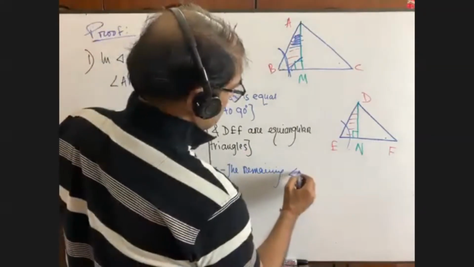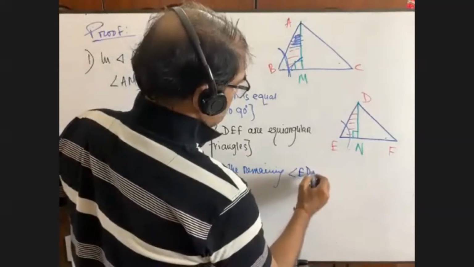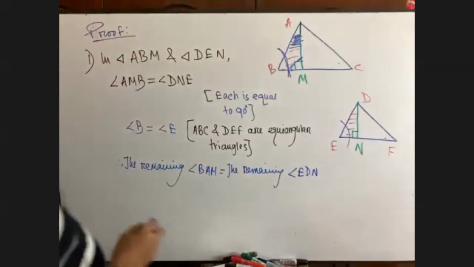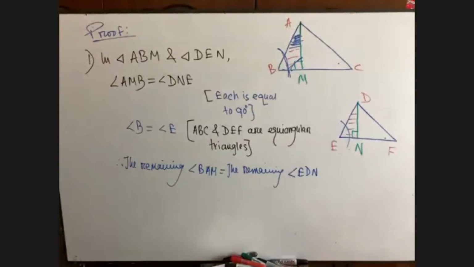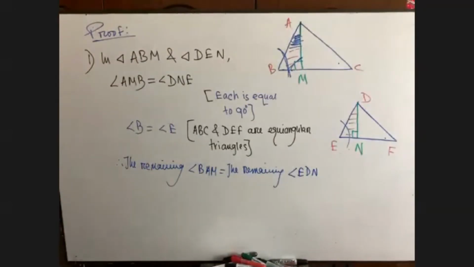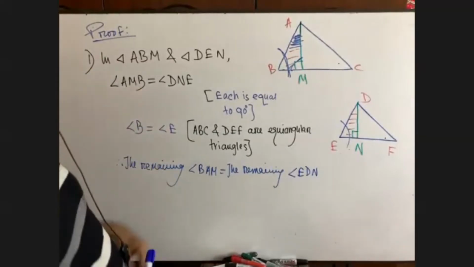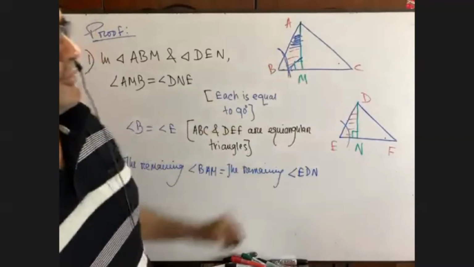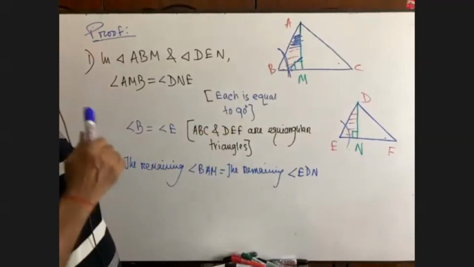I think you know it. If two angles are respectively equal, then the remaining angle will be equal. And we are getting all those three angles equal in these two triangles, ABM and DEN.